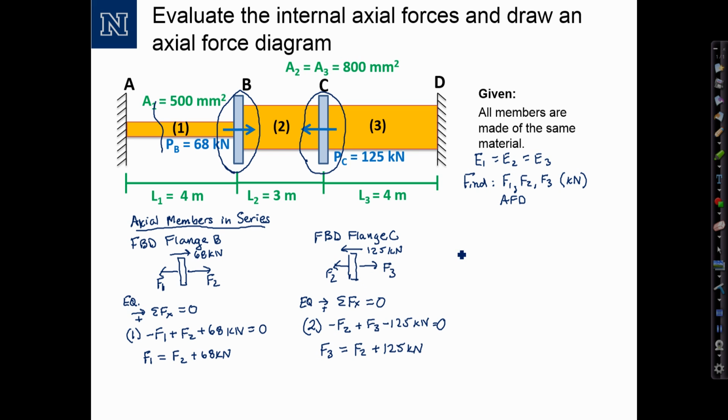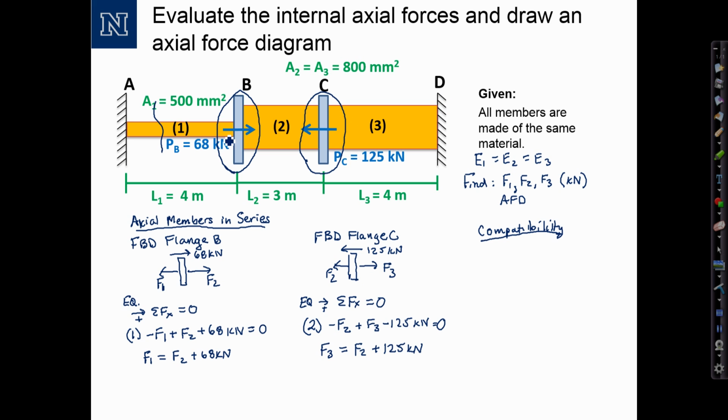And then, as mentioned, we also need a compatibility equation. What is our compatibility equation? Some relationship between the internal deformations. And what we know is that if there's a rigid support, the support at D does not move.